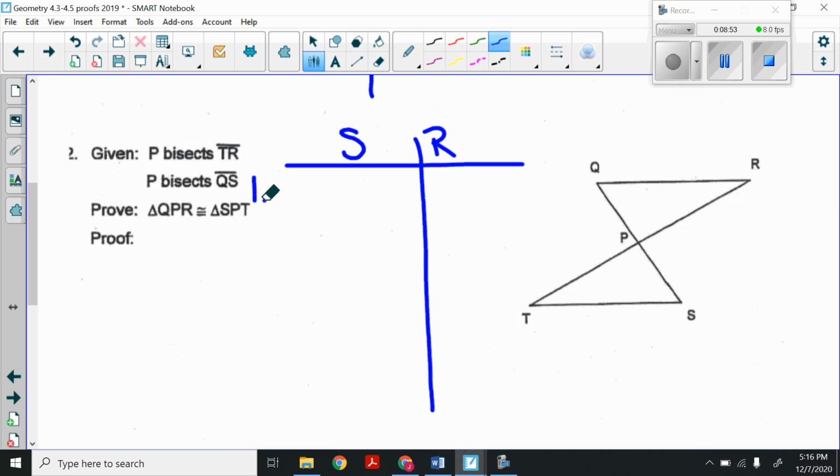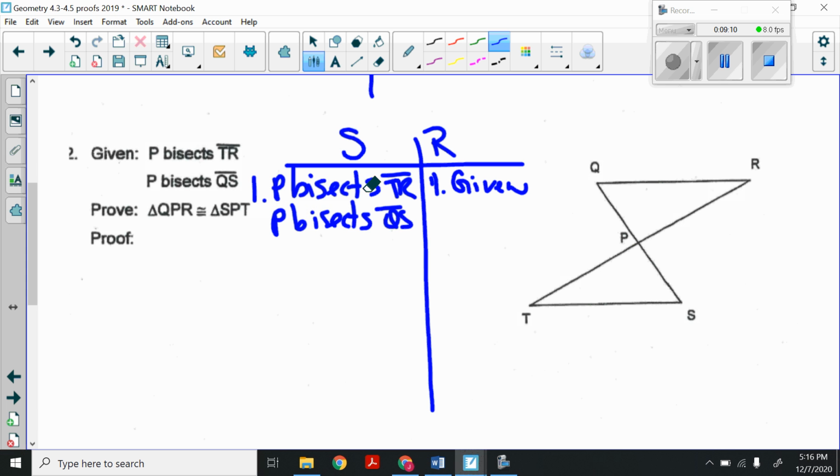So number one, they tell me P bisects TR and P bisects QS. Remember, I can list all of my givens in one statement if I want, so that's what I'm going to do here. So now, what does that mean? P bisects TR, that means that TR got cut in half, so I know that and that.